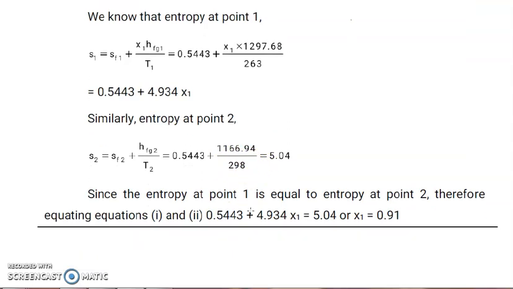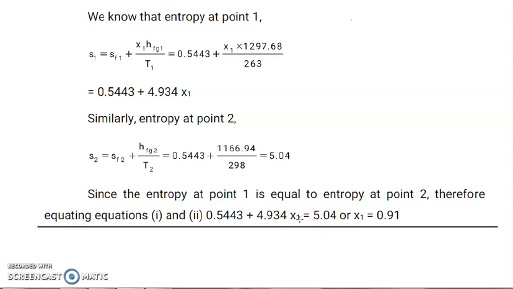So finally we will get S2 is equal to 5.04 kilojoule per kg Kelvin. All of you know that S1 is equal to S2, so we can equate the two equations. 0.5443 plus 4.934 X1 is equal to 5.04. One unknown, one equation, so easily you can calculate X1.